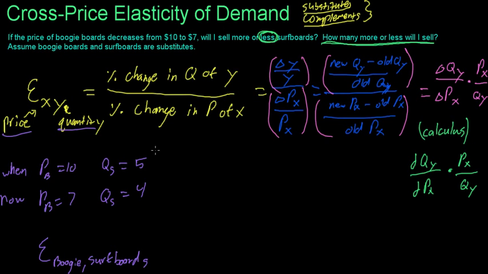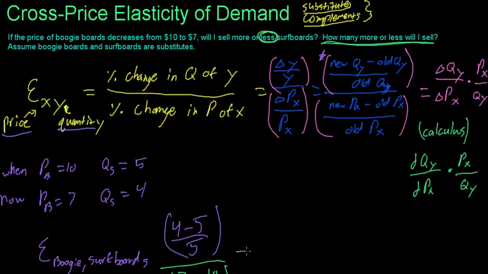So let's go figure that out. And we find that out again by new minus old over old. So 4 minus 5 over 5. And then this entire thing divided by, and we have over here, the new minus old over old, which was 7 minus 10 over 10.